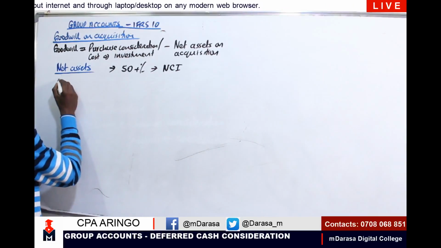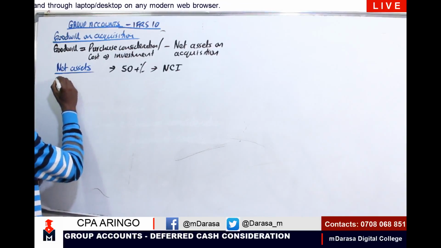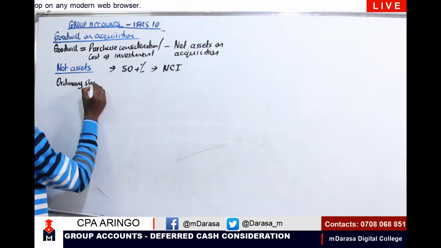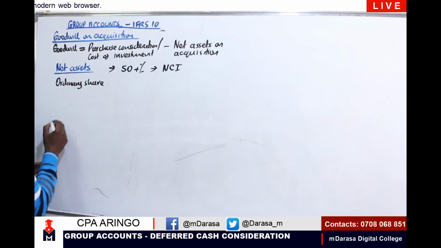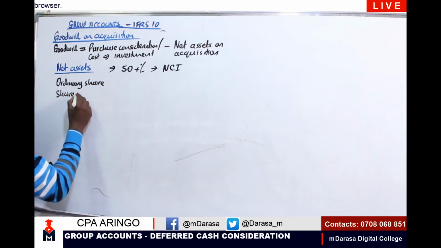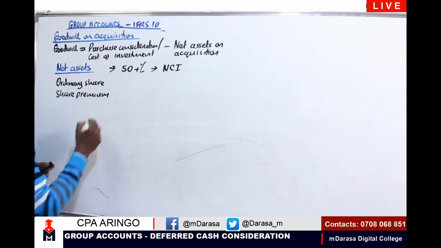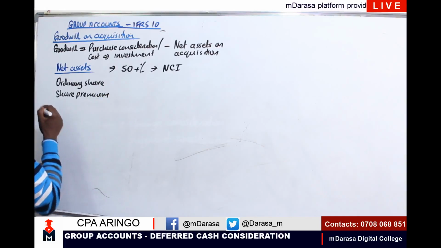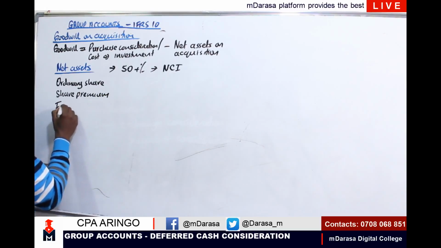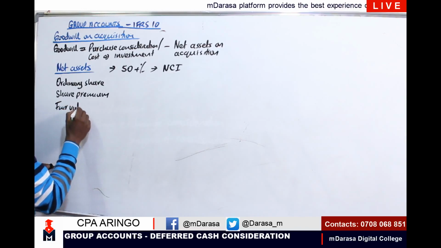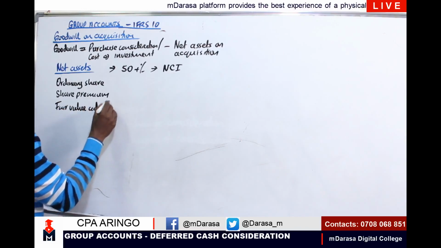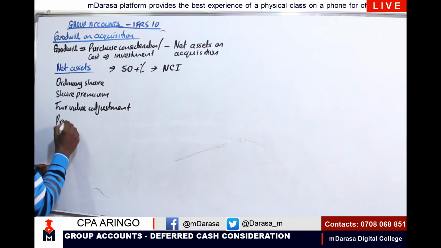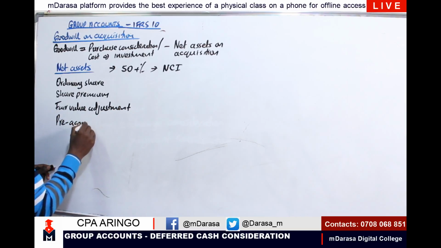I'll take the ordinary share of the subsidiary, the share premium of the subsidiary, the fair value adjustment on acquisition, and the pre-acquisition profits.